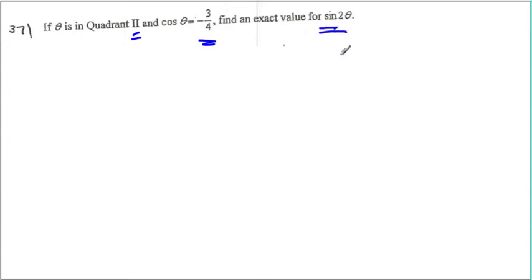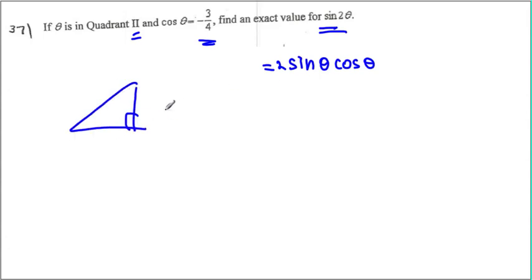How about the exact value of sine of 2 theta? Sine of 2 theta is in fact equal to 2 sine theta and then cosine theta. Now cosine theta, we know the value already. 2 is okay. What is sine theta? If you have to draw the triangle here, given that this is theta, cosine is 3 and hypotenuse becomes 4.